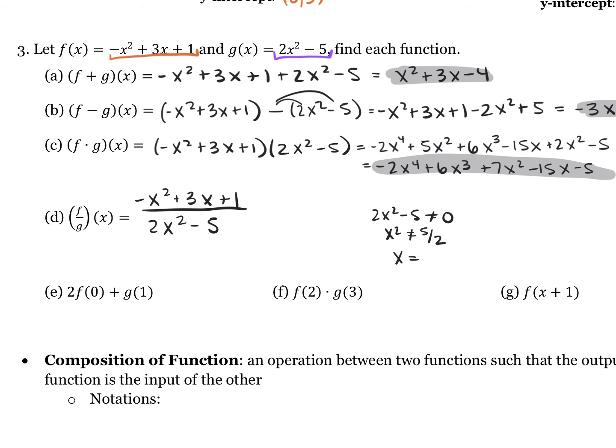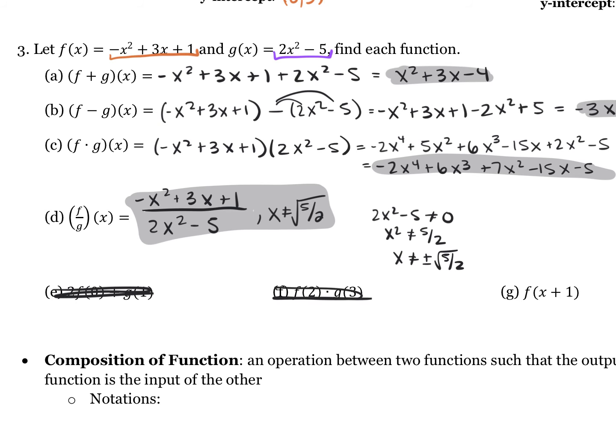So x cannot equal plus or minus the square root of 5/2. And that means if we had plugged this into the denominator, we would divide by 0, which is impossible. So you always include that extra little piece. Okay. All right. We already did examples like this in the previous video, so you can go ahead and skip those. All right.